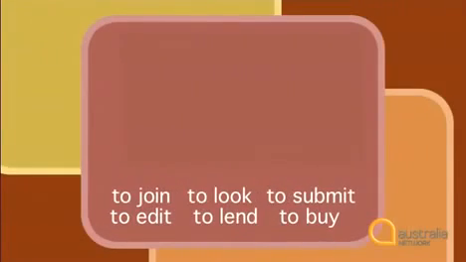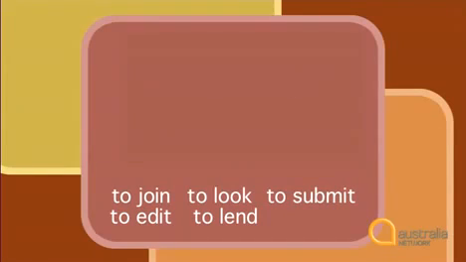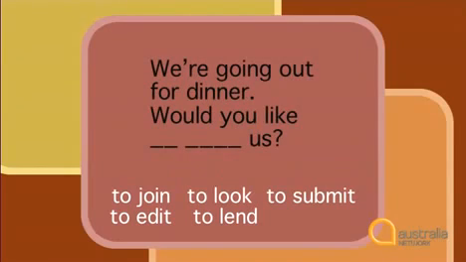I forgot some bread. Do you know which verb will fill the gap? The completed sentence is, I forgot to buy some bread. Here's another one. We're going out for dinner. Would you like us?